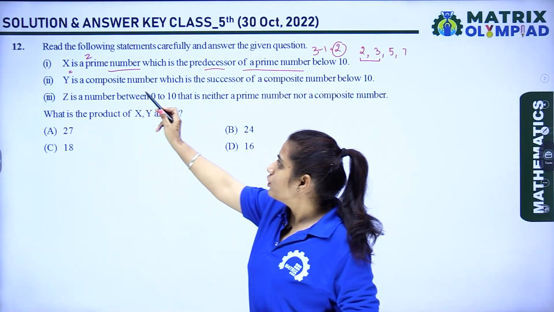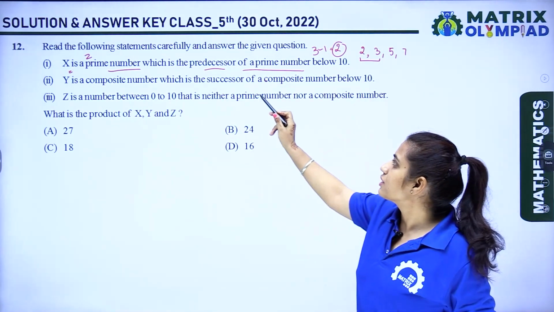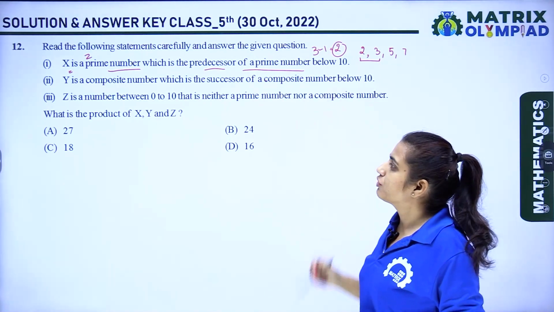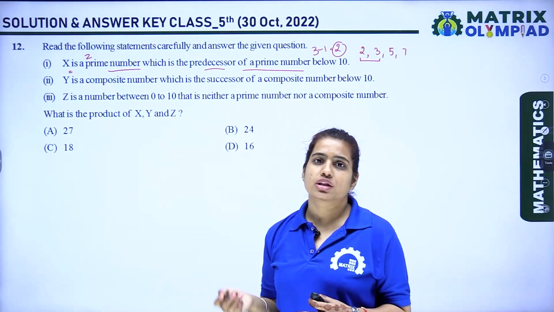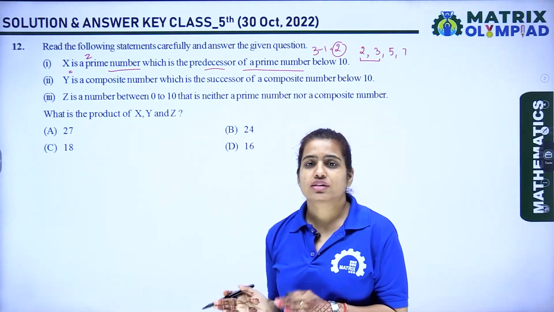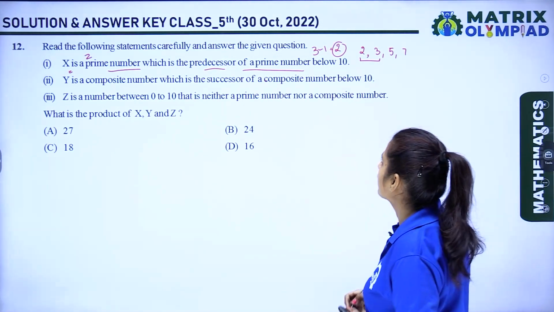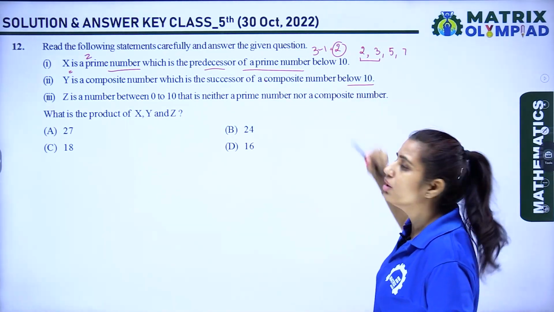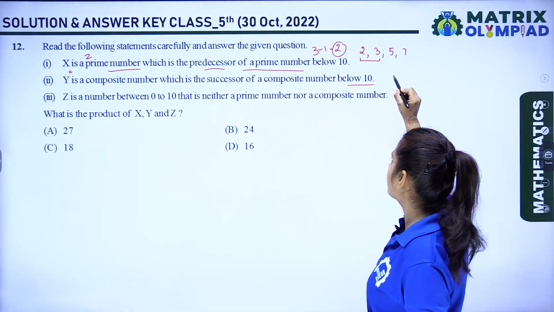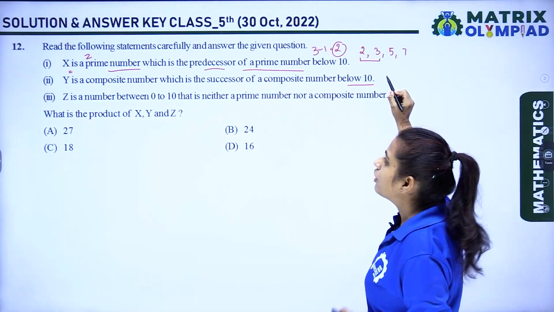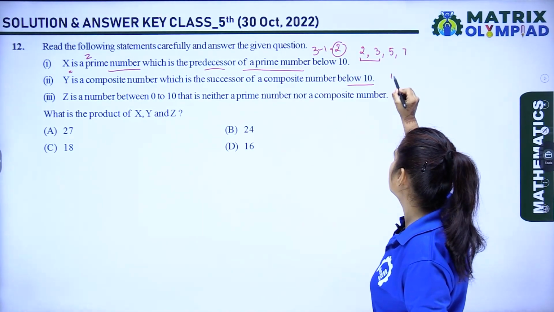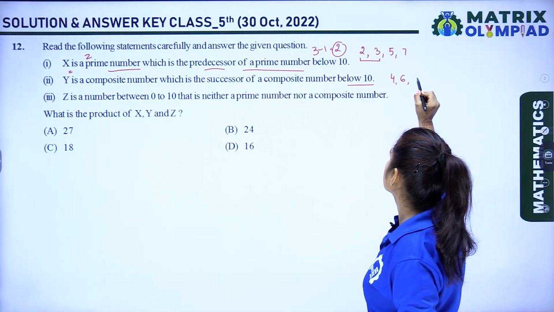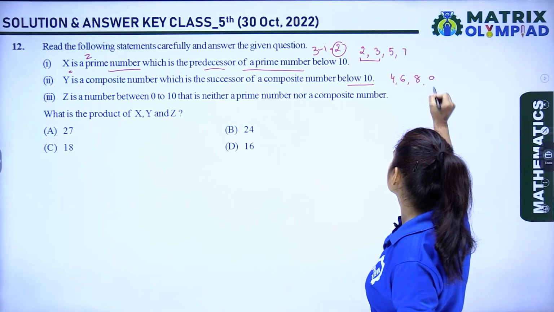Y is a composite number which is the successor of a composite number. We have to find out the value of y, which is already a composite number and successor of a composite number that is also below 10. Now let's write down the composite numbers below 10, that is 4, 6, 8, 9.